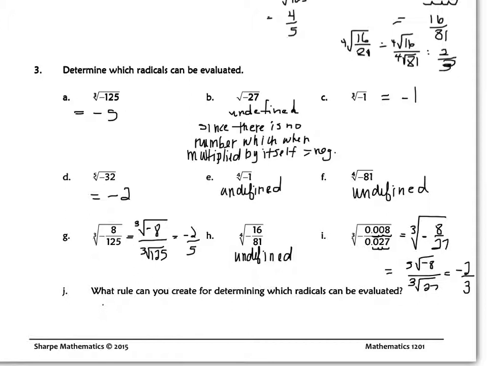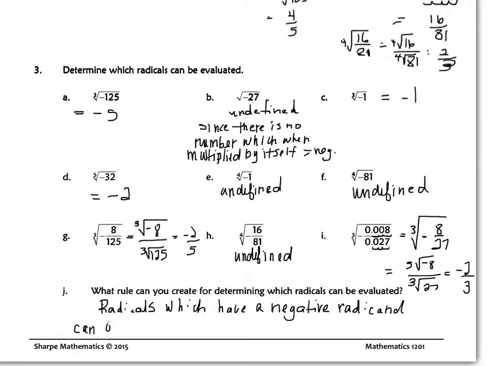So radicals which have a negative radicand, so the number underneath the radical sign, can only be evaluated if the index, which is the little number in the corner of the radical sign, is odd.